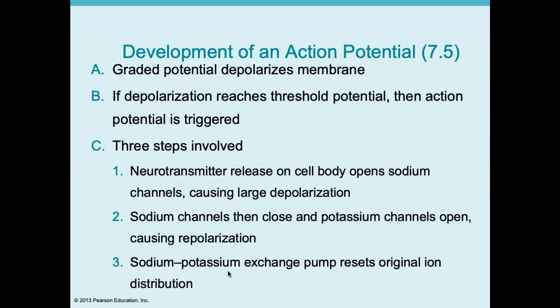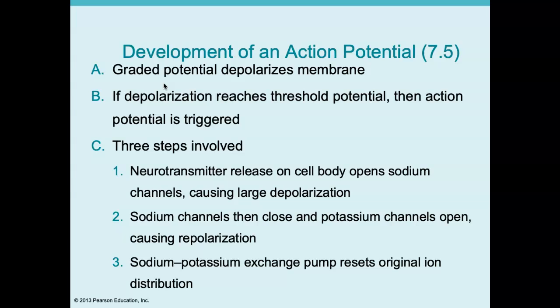So let's go over this again. A graded potential, that is, there's been a stimulus and there has been a graded potential, which is a change in the ions across the membrane. If the change is big enough, then there's going to be an action potential. The action potential is going to travel to the end of the axon, and the neurotransmitter is going to be released.